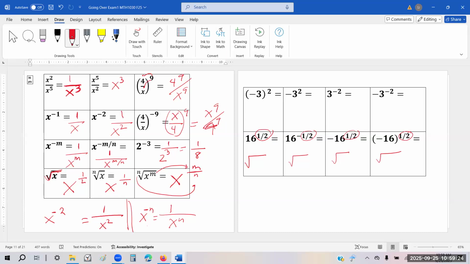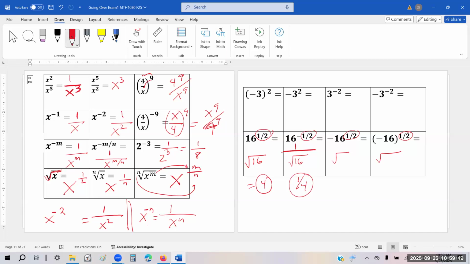The first one has 16 to the 1/2, meaning square root of 16. What is square root of 16? 4. The next one is 16 to the negative 1/2. Negative means 1 over. So what's the answer? 1 over 4.